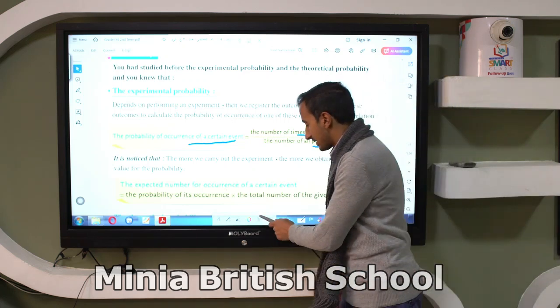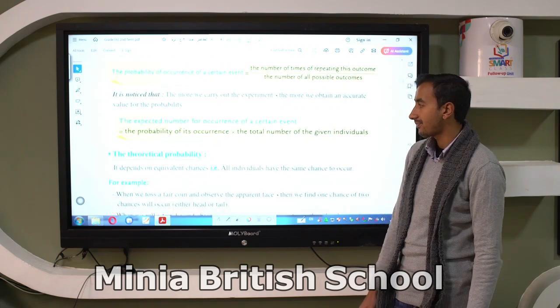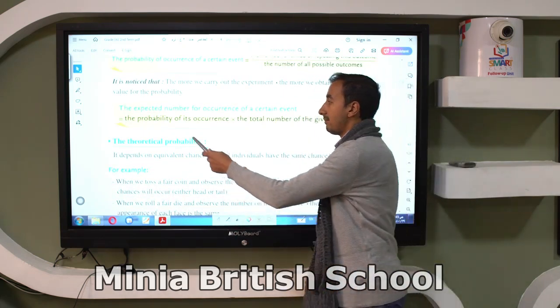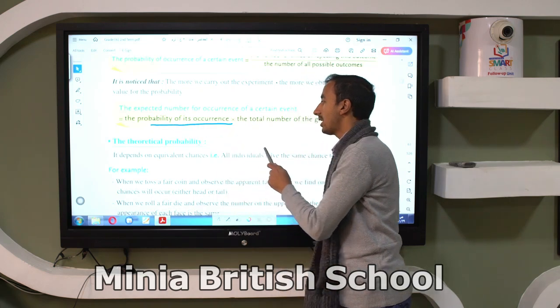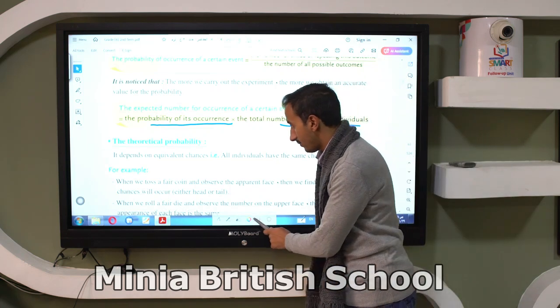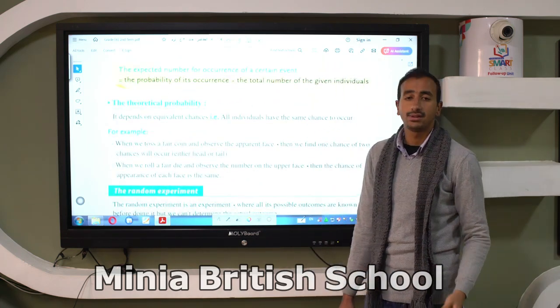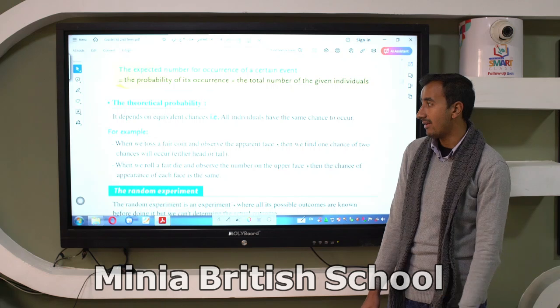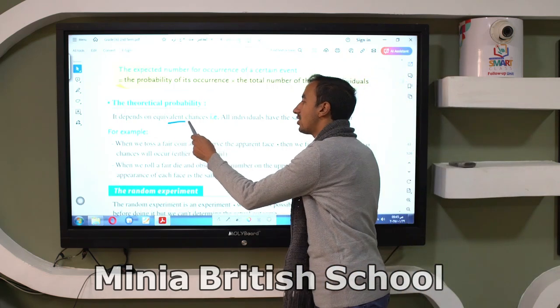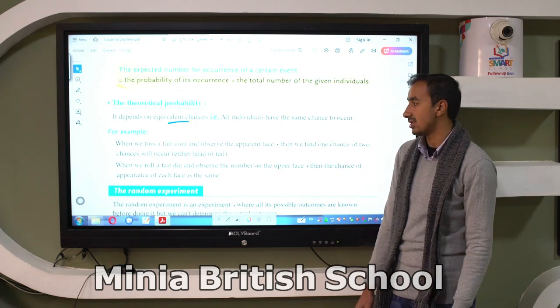The expected number is the probability of its occurrence times the total number of given individuals. That's called experimental probability. But we also have theoretical probability, which depends on equal chance: all outcomes have the same chance to occur.